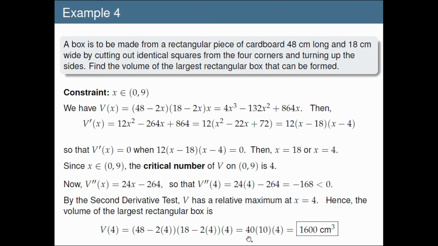And if we multiply this, we get 1,600. The unit is cubic centimeters. Ito ngayon yung largest possible volume. Okay?